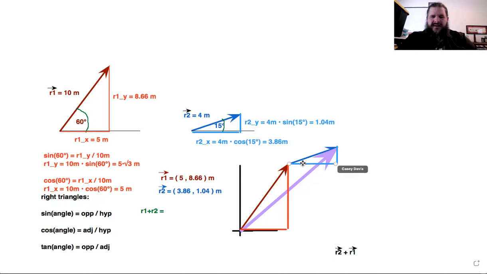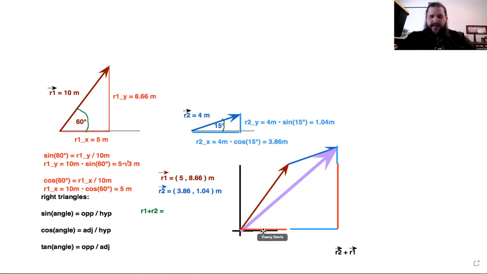Yeah, we can add the x components, because check this out. If we take the x component of R2 and I just drop that down here, that's R1x plus R2x. And then if I take the y component of R1 and just slide it over here, I'm not changing the length, I'm just moving it around.